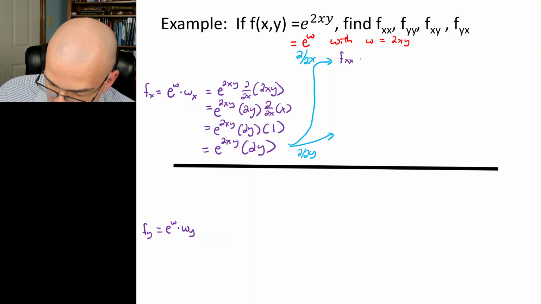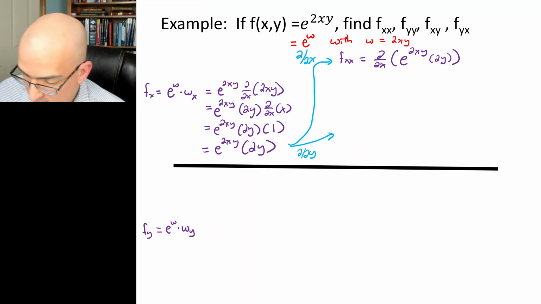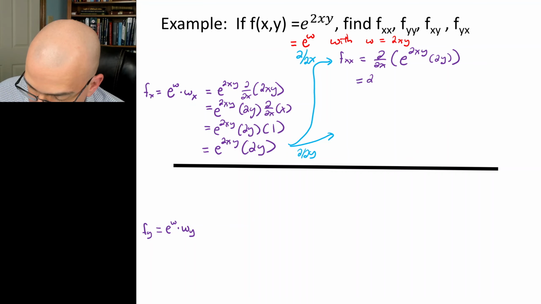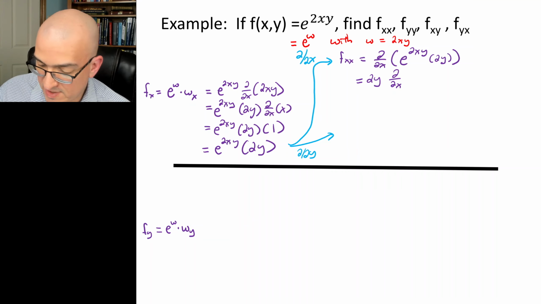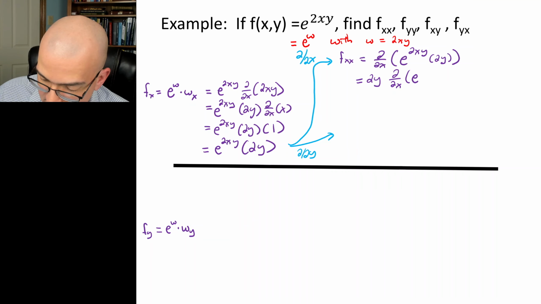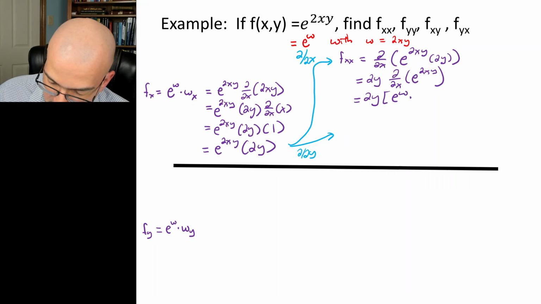F double x is equal to the x derivative ∂/∂x of e to the 2xy times 2y. I'm going to factor the 2y out front, since we're treating y as a constant, and we have the x derivative of e to the 2xy, which is going to be 2y times e to the w times w sub x once again.